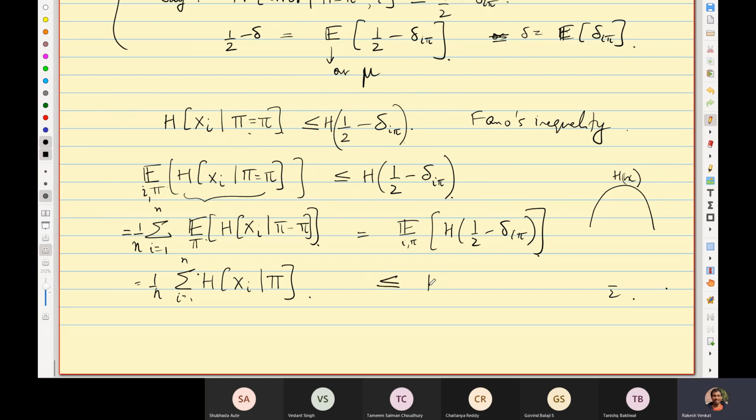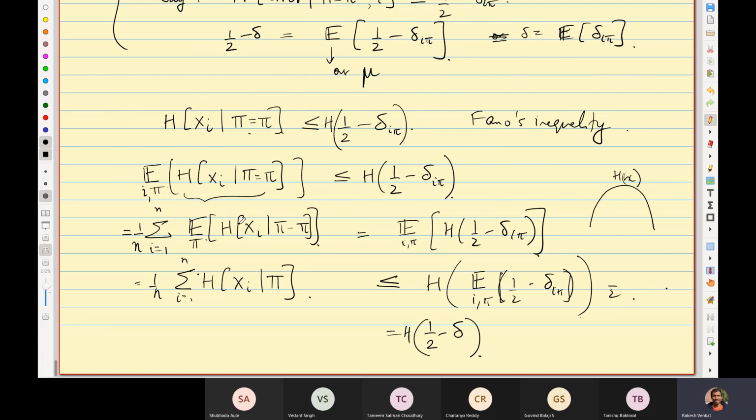So this is less than or equal to h of, sorry, this is still a binary entropy, h of half minus delta.